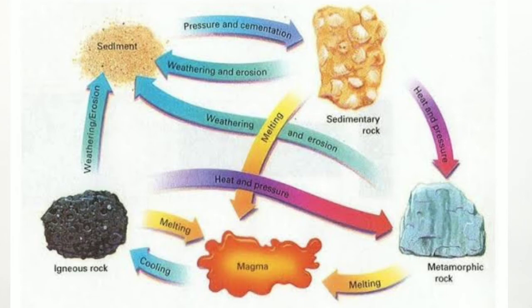So in this manner this cycle goes on, and it takes thousands of years to complete one rock cycle. So the conversion of one type of rock into another type of rock through a continuous process is called a rock cycle. It is called a cycle because it continuously acts in the form of a chain and it never stops.